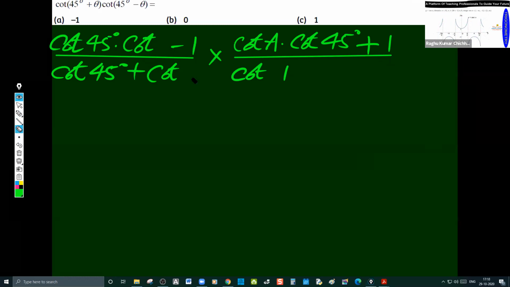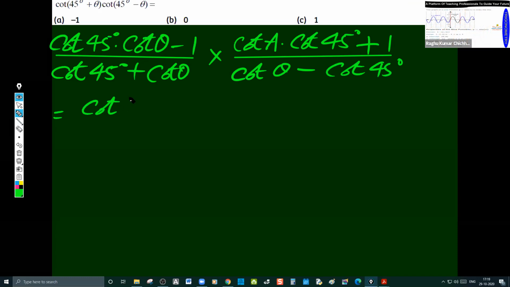No issues. This is cot theta, minus cot 45. Now what is cot 45? Cot 45 is 1.